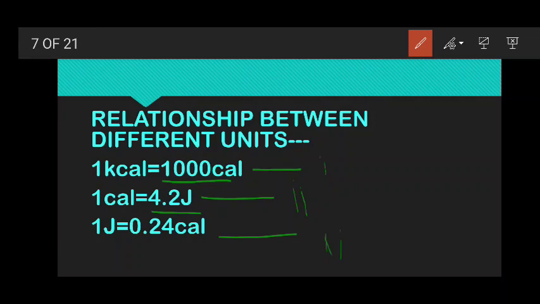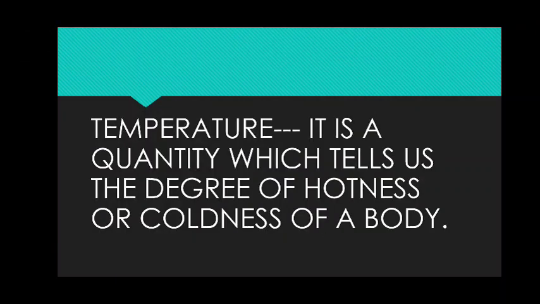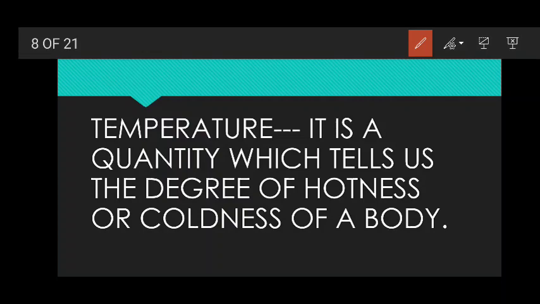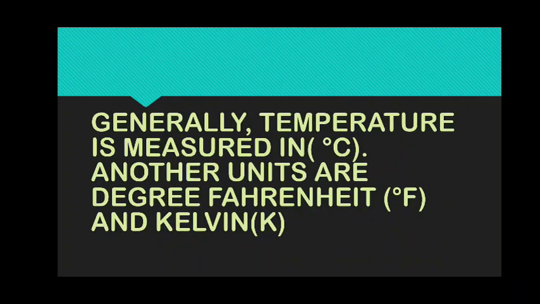Now the next topic is temperature. Temperature is a quantity which tells us the degree of hotness or coldness of a body. When a body is heated, its temperature rises, and when it is cooled, its temperature falls.